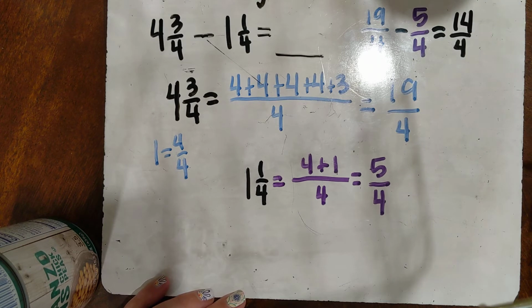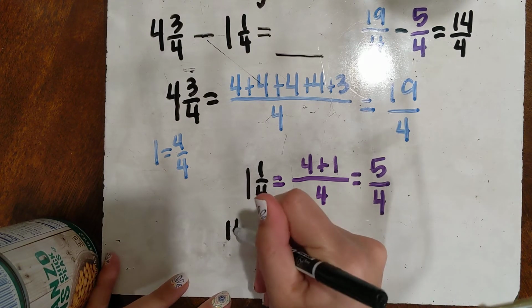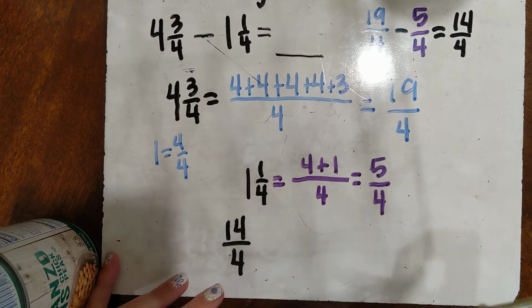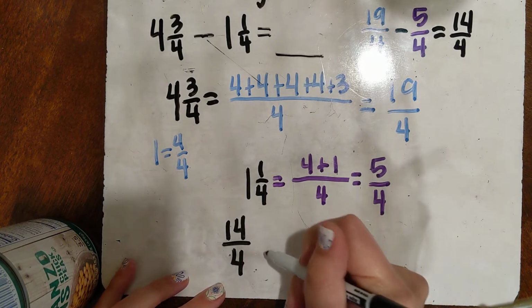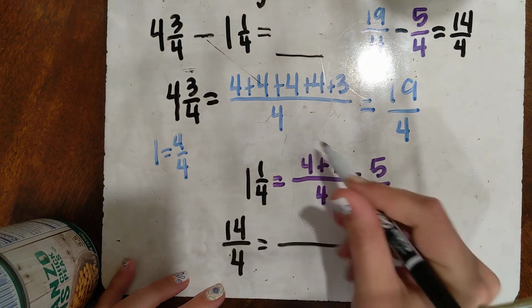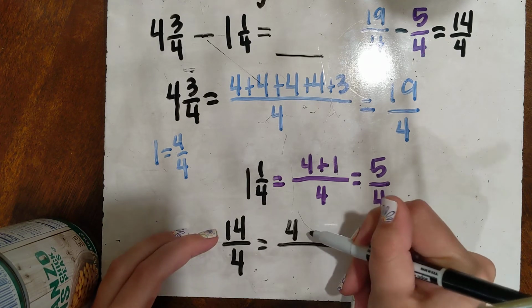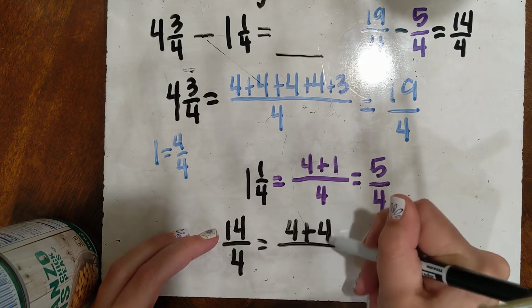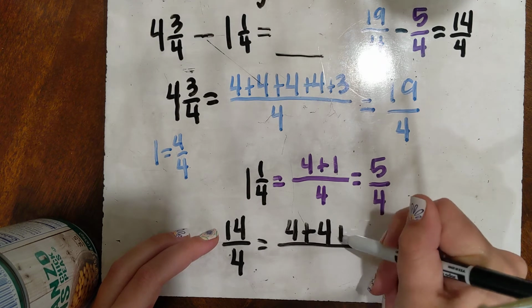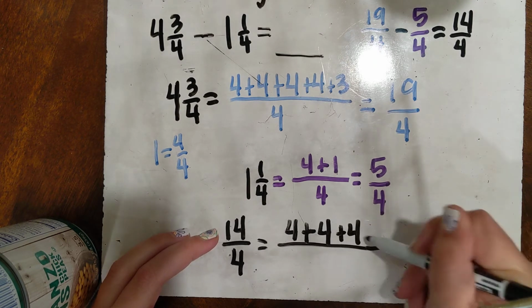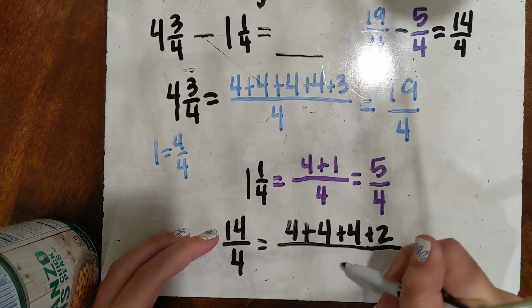is 14. Okay, but we're not going to leave that as an improper fraction. So we know 14/4. Okay, let's take out 4s like we did here. So we could have 4, that would leave us with 10 left. Another 4, we'd have 6. Another 4, we'd have 2 left, so then we'll add our 2.